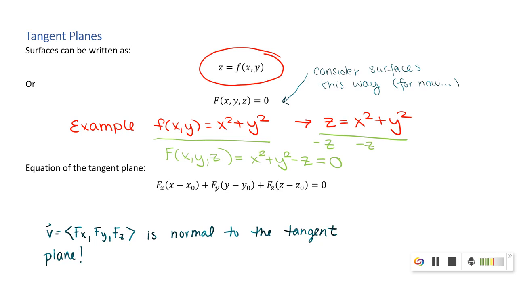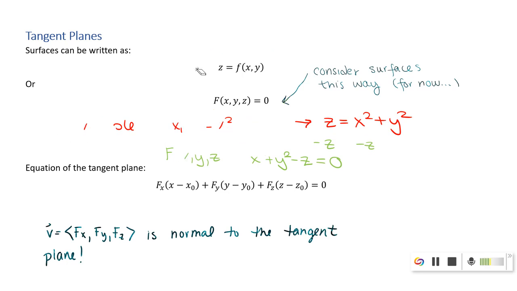The reason I want to think about my surfaces in this new way as a function of 3 variables is it's just going to help me define my tangent plane. Let me erase some of this because it's getting a little messy.